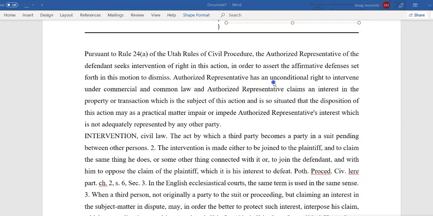Authorized representative has an unconditional right to intervene under commercial and common law, and authorized representative claims an interest in the property or transaction which is the subject of this action and is so situated that the disposition of this action may, as a practical matter, impair or impede the authorized representative's interest, which is not adequately represented by any other party. Okay?